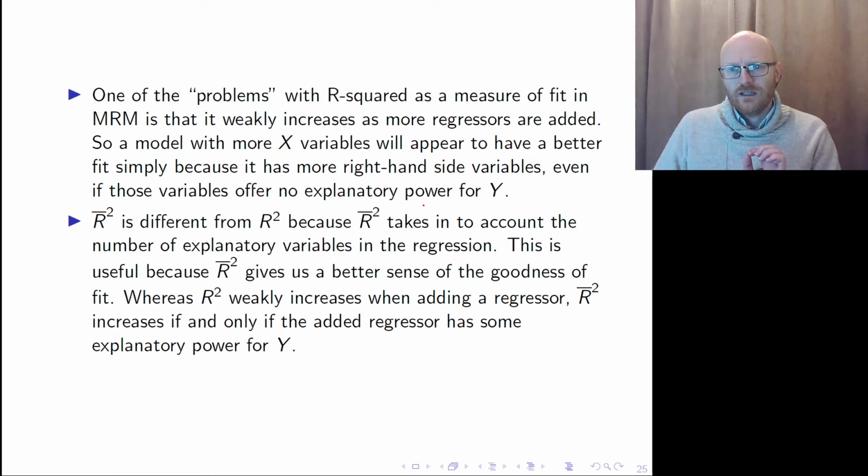Adjusted R squared was introduced to remedy this. Adjusted R squared takes into account the better fit, but it penalizes that better fit by adjusting for the fact that you actually have one extra variable in your model.